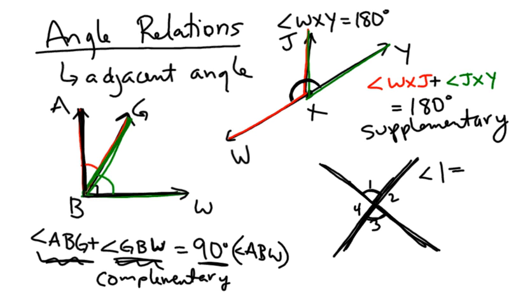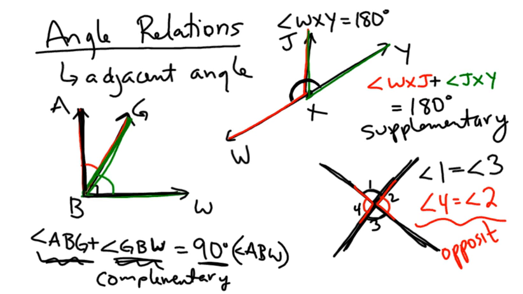Angle 1 equals angle 3, and then, opposite each other, angle 4 equals angle 2, because both of these create opposite angle situations. So hopefully you did the practice with that.